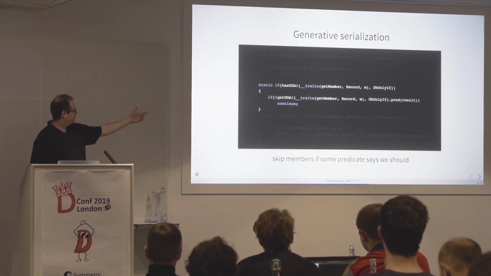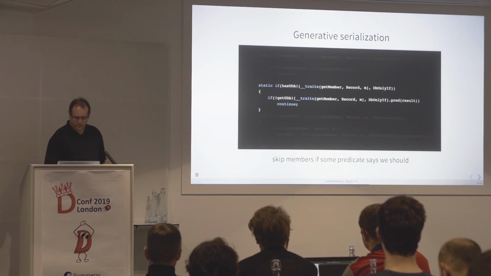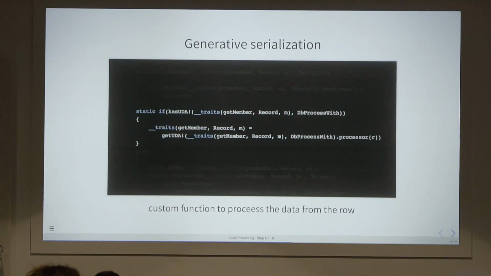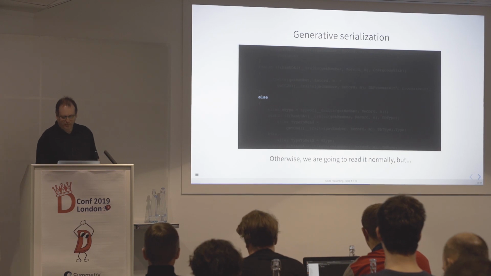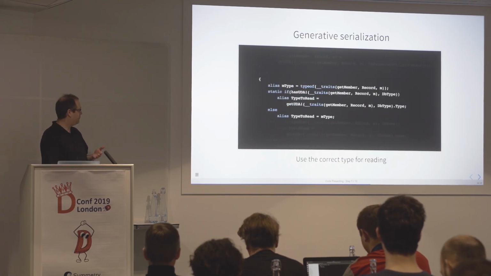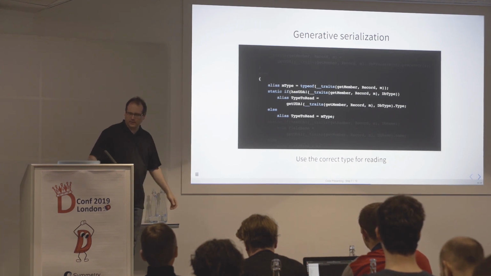Same thing here. We're calling the lambda saying, only if this lambda is true do we parse it. And this one just says, okay, if we have a custom function, we're going to call that instead of the real thing. Otherwise, we're going to read it, but we need the right type. So check to see if there's the DB type UDA.